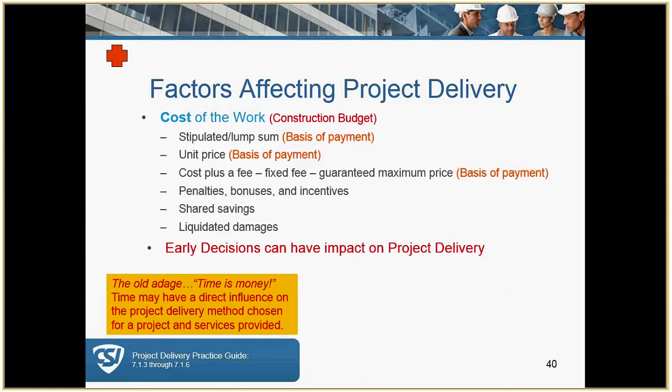In the same respect, you might have a fast track project and you might have to use multiple prime contractors, fast track, and in that case you might want to use a different method of delivery.